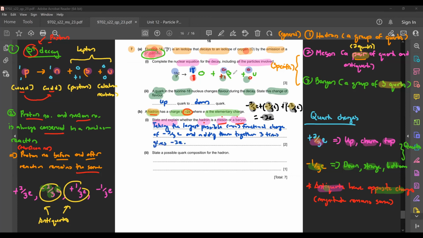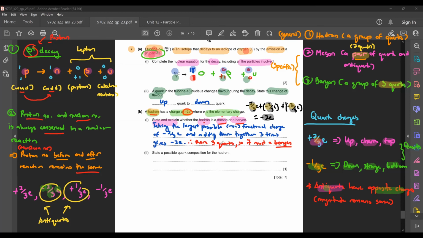Okay, so therefore there are 3 quarks, so it must be a baryon. Okay, so that's how you would actually word your answer.